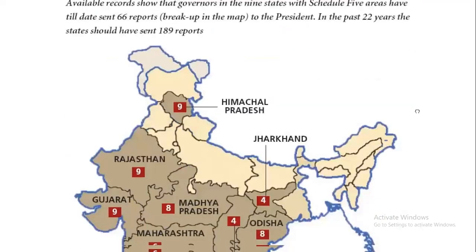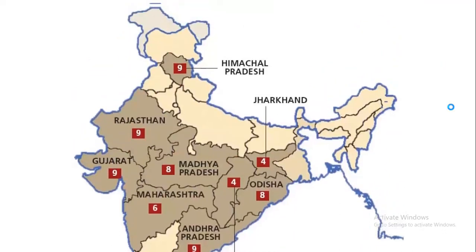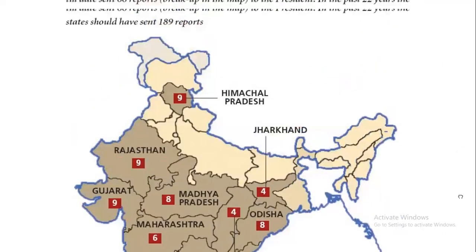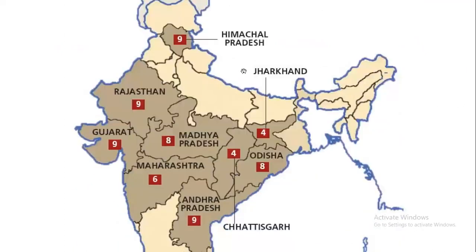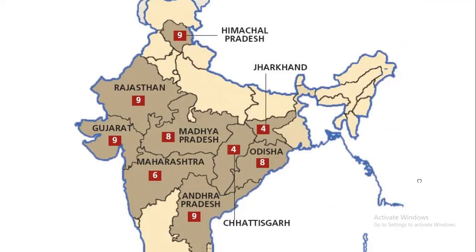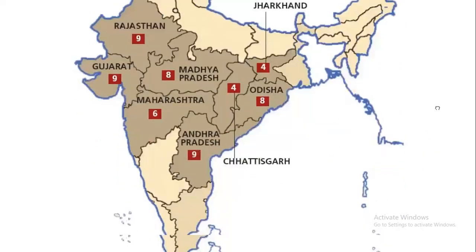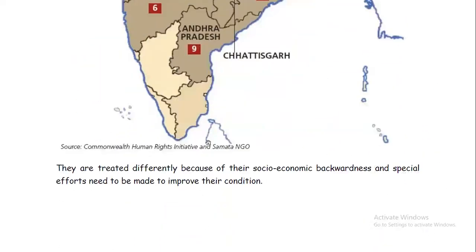Okay, so you can see here we have 10 states where these schedule areas are there, like Himachal Pradesh, Rajasthan, Gujarat, Madhya Pradesh, Maharashtra, Odisha, Andhra Pradesh, Chhattisgarh, Jharkhand. Now these schedule areas are treated differently. Why? Because of their socio-economic backwardness, and special efforts need to be made to improve their condition.